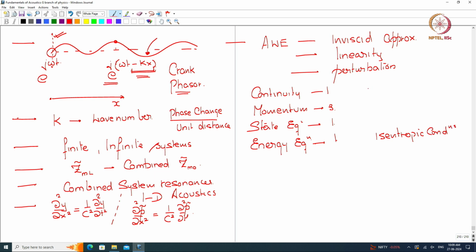Okay, so we have velocities, 3 velocities, which are 3. We have density, which is 1. We have pressure, which is 1, and we have temperature, which is 1. So we have 6 unknowns.